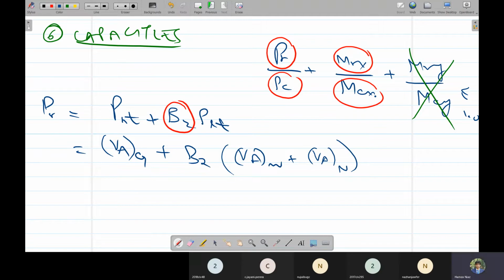We sum them, multiply by B2, and add it with the axial force from gravity, so we'll get PR. The only difference in this step and the PR we calculated before is B2. Earlier we were not multiplying by B2 because we did not know its value.